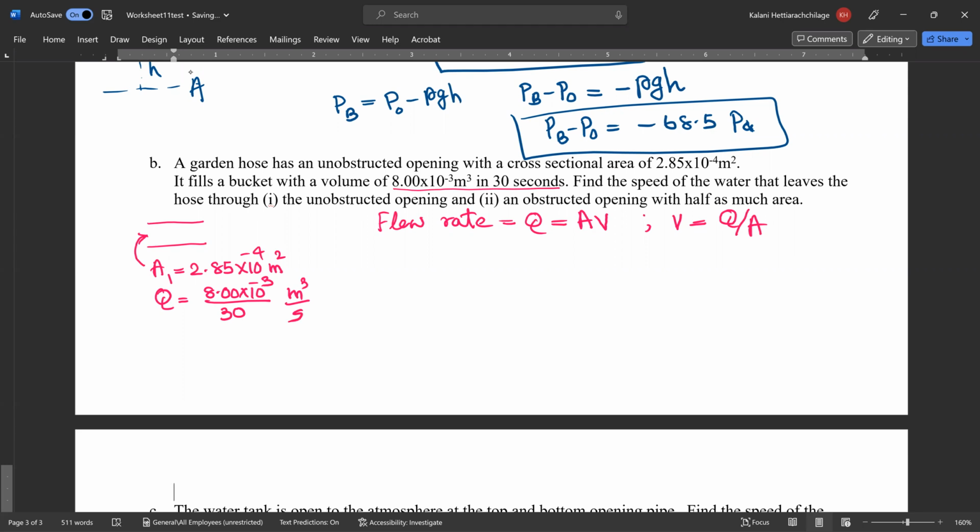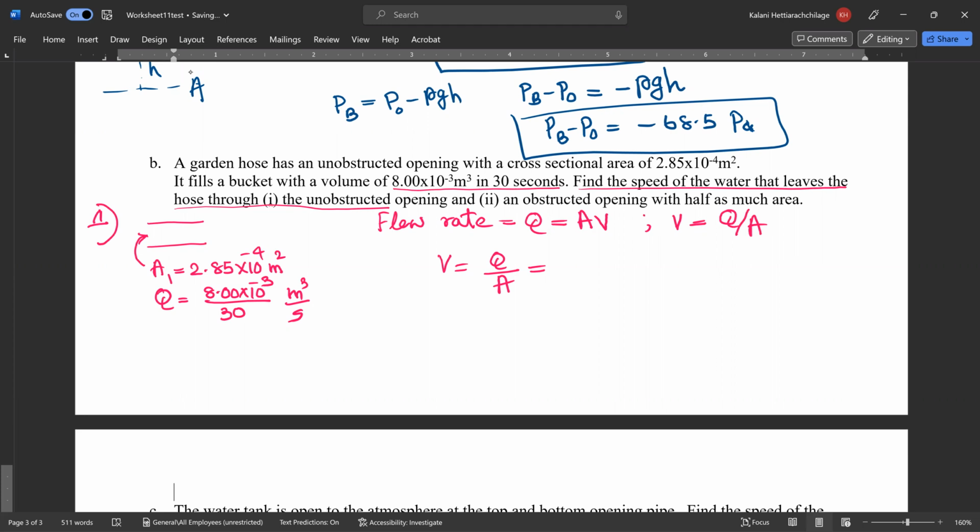And so what I need in the question, first, is to find the speed of the water that leaves the hose. First we are working with the unobstructed opening, so I need to calculate V. We already have the information, so V will be Q over A. So it's very simple.